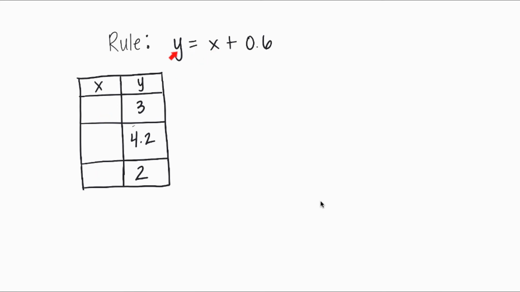So what we're going to do is plug in these values to find the missing number. I'm going to start off by saying, okay, I know the first one is 3, right? My first y value is 3. So I'm going to write it just like that.